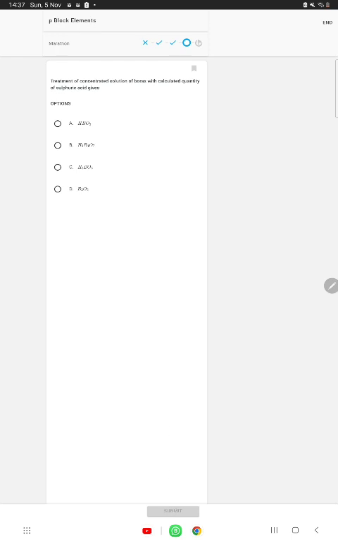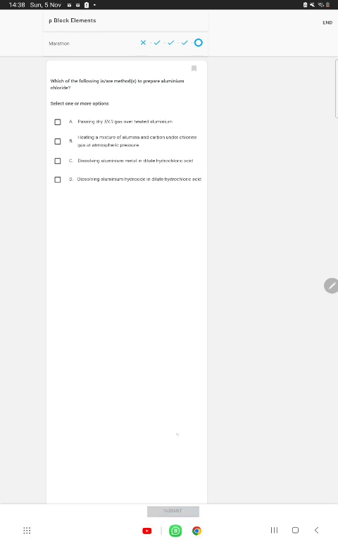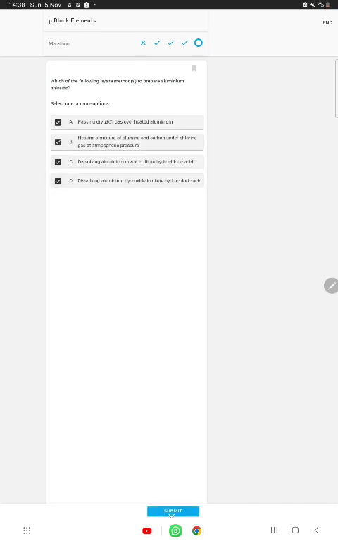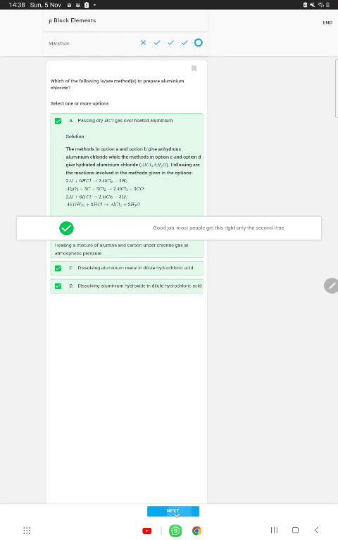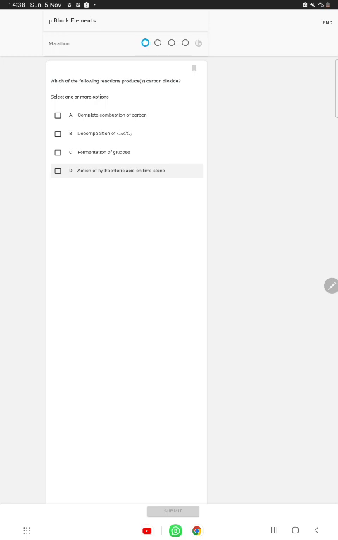Treatment of the concentrated solution of borax with calculated quantity of sulfuric acid H3BO3 orthoboric acid. Which of the following methods to prepare aluminum chloride? Which of the following is carbon dioxide? Complete combustion.